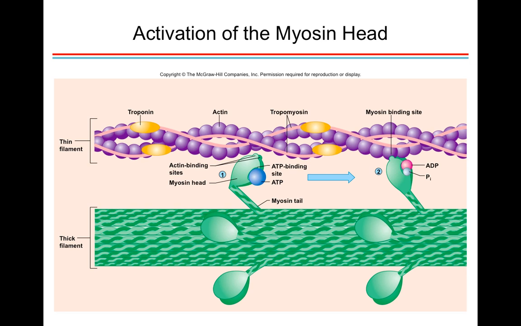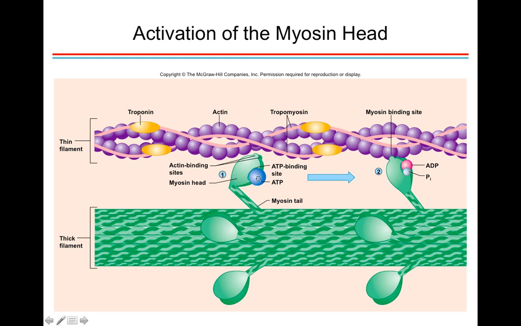So how does this happen? Once calcium binds to troponin, and that moves tropomyosin out of the way, allowing actin to be accessible to myosin, we need the myosin to have these heads that are binding to ATP. Now, when the myosin head is bound to ATP, it is not in the conformation to be attaching to actin.